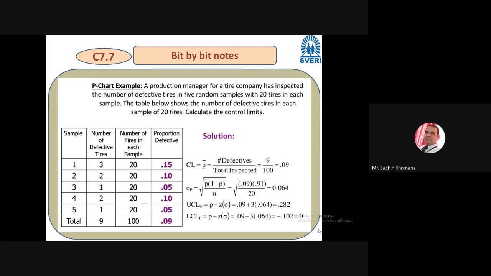In sample one, the production manager found 3 defects. Second sample, 2 defects. Third sample, 1 defect. Fourth, 2 defects. Fifth sample, 1 defect. In total 9 defects are there, and a total of 100 tires he had checked.